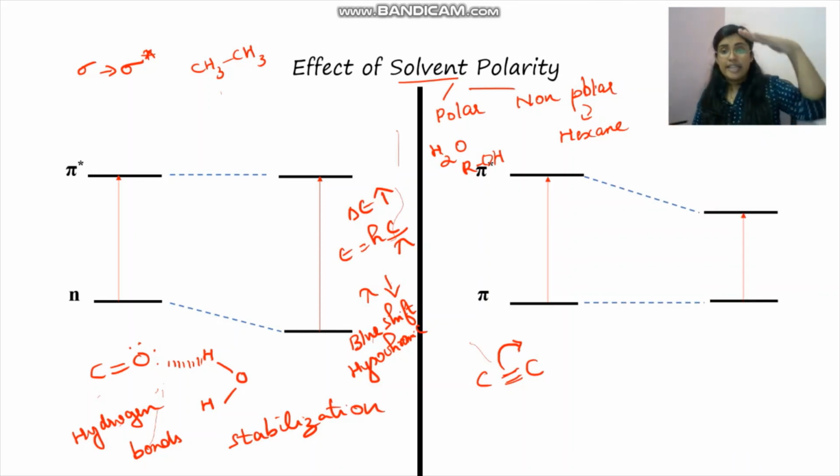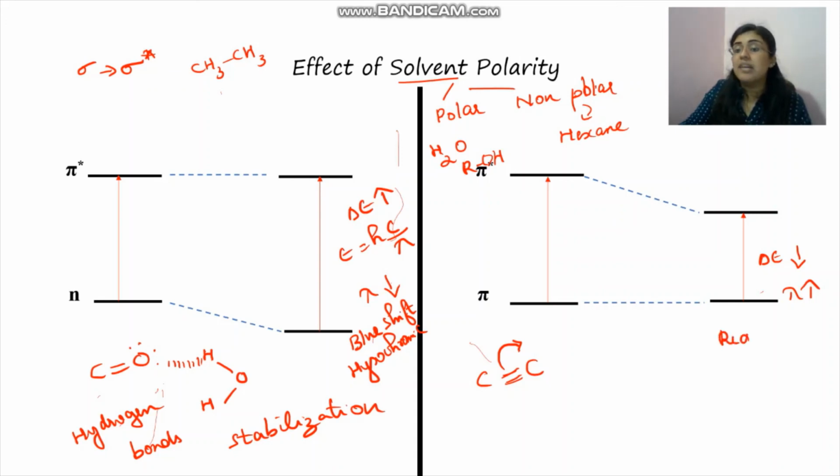Pi star gets lowered, but the pi orbitals remain in the same place. So I can see that my overall delta E is decreasing. If energy decreases, my lambda would increase, and as lambda increases, this is the red shift that I have.